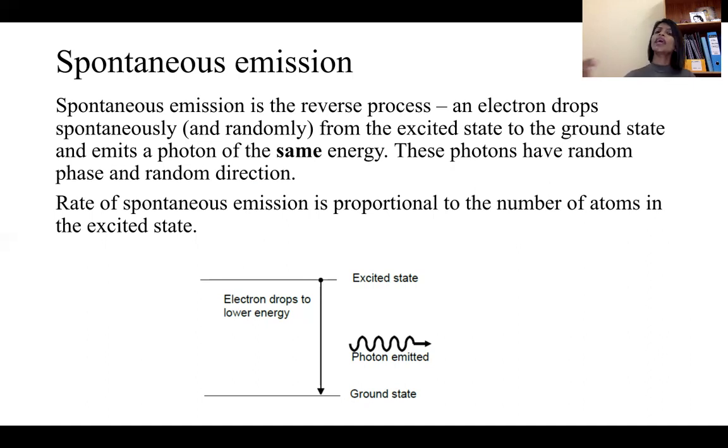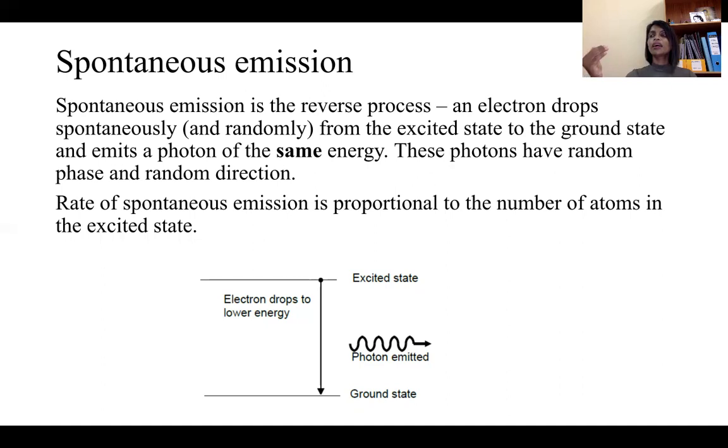So what they do, they drop back to the ground state, and by doing that, they emit their energy, the energy gap, or the energy that they absorbed, as a photon. So the photon is coming out of the system. And these photons have random phase and random directions. Spontaneous emission we can't control.